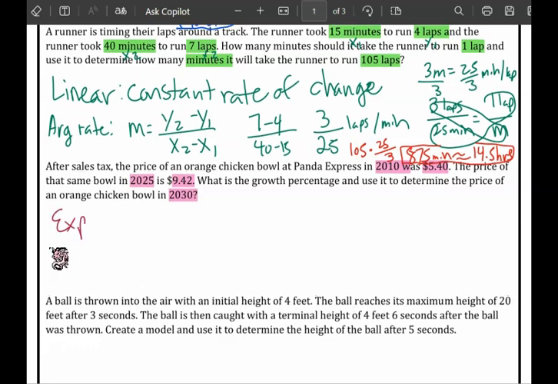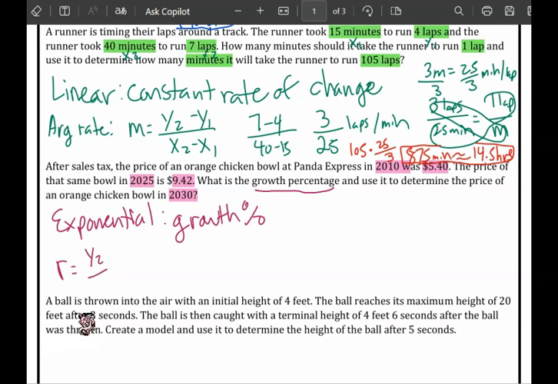This is exponential. It's talking about growth percentage. We want to find that growth percentage, so we're going to use a common ratio formula again.